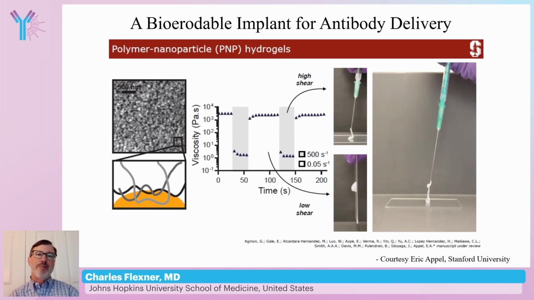This involves a polymer nanoparticle hydrogel that polymerizes after injection under the skin and forms a hydrogel that absorbs water over time. And as it absorbs water, the hydrogel expands, releasing the antibody, but also allowing the hydrogel to be broken down by the body.